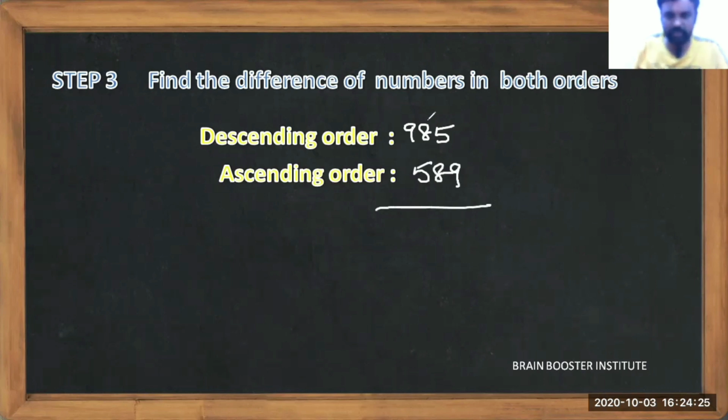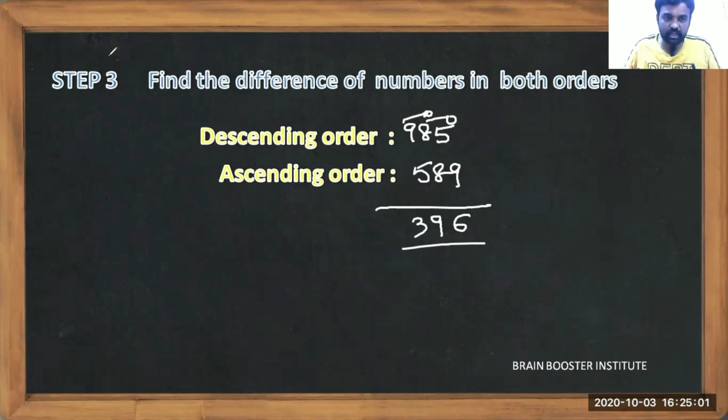Let us subtract these. 5 minus 9 we cannot subtract, so take a carry: 15 minus 9 is 6. Then 7 will be there, and again take a carry, and 17 minus 8 is 9, and here will be 8. Then 8 minus 5 is 3. The answer is 396. What is the next step?